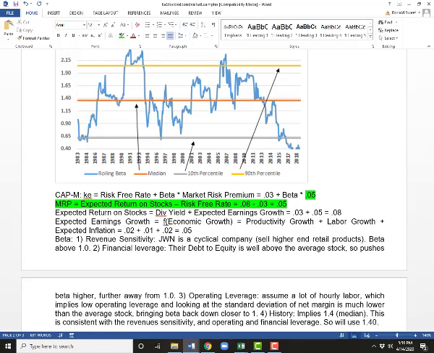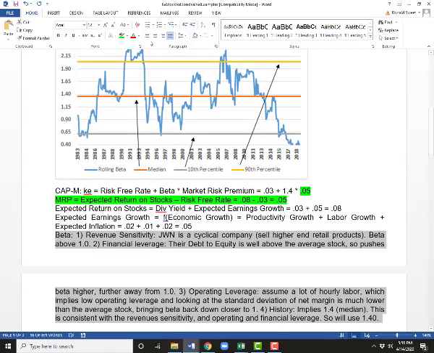So if I use a beta of 1.4, that will give me my final beta, and that will give me my discount rate.